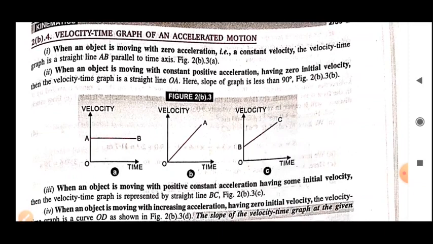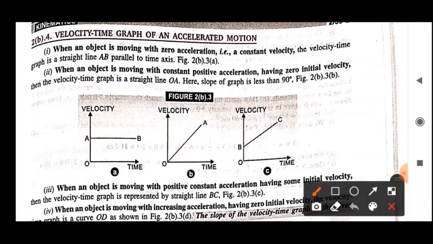So here let's see now some of the velocity time graphs of an accelerated motion. The first graph is plotted when an object is moving with zero acceleration, that is constant velocity. If acceleration is 0, then you know a is equal to dv by dt.